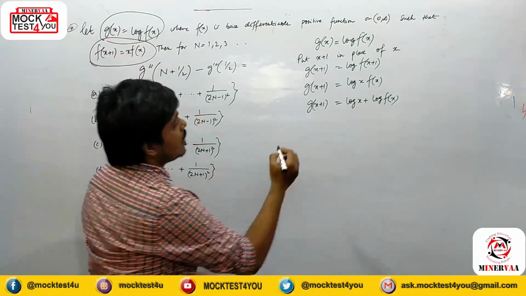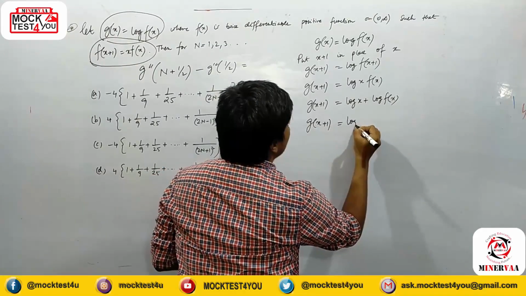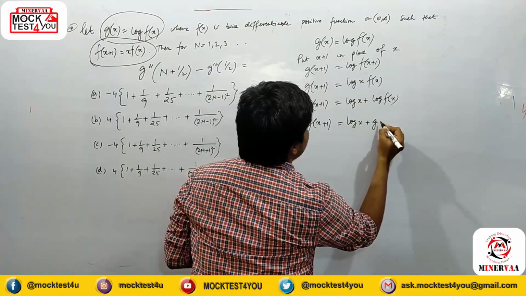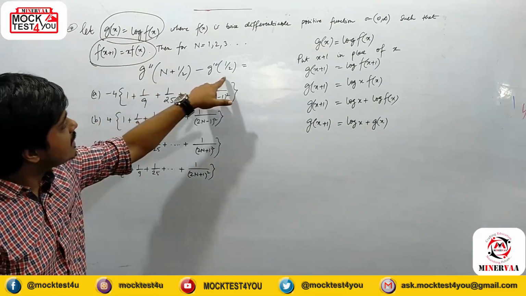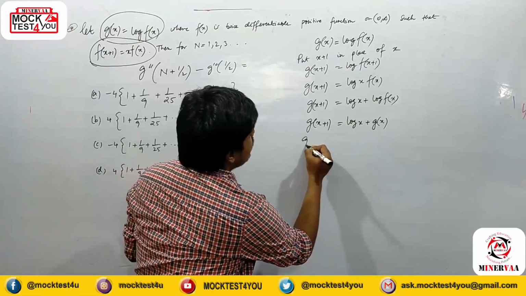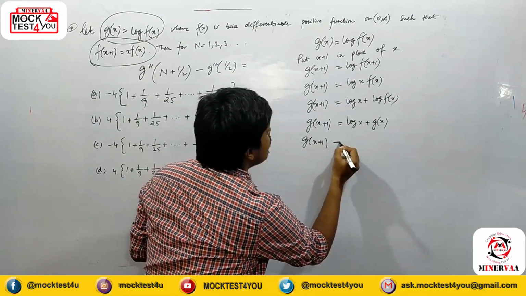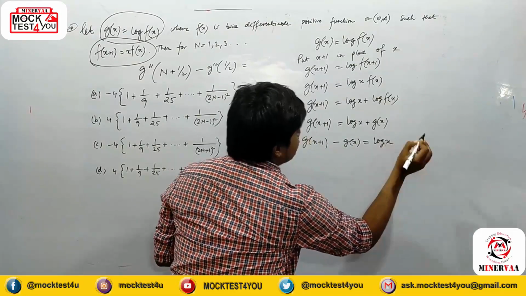Let's write that. So g of x plus 1 is equal to log of x plus g(x). You will get this kind of form in there. Take g(x) this side. g of x plus 1 minus g(x) is equal to log of x.